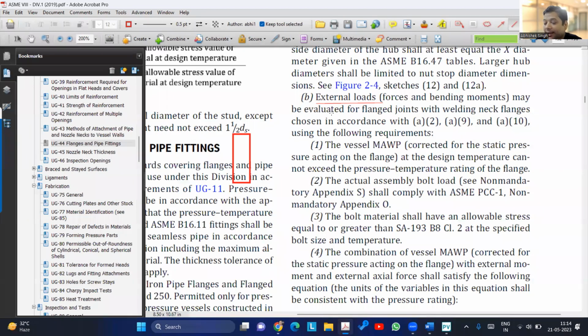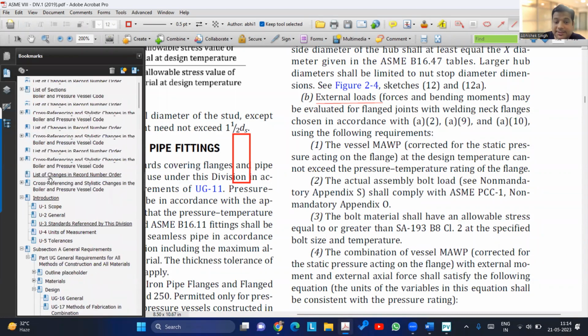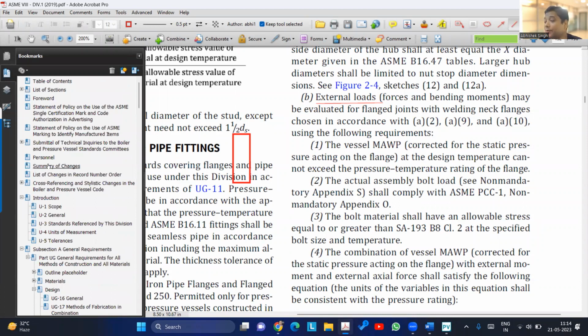Like, you remember U2G, right? Let us go to U2G, because once I have to use FEA, I need to go through that route, right? So the question is, if we go to FEA, then we cannot qualify for U-stamp. No, I'm not saying that, Sumit. I'm saying how you will go for FEA.